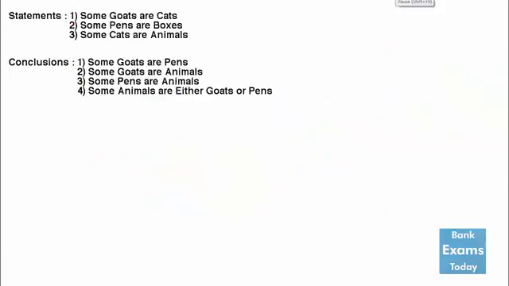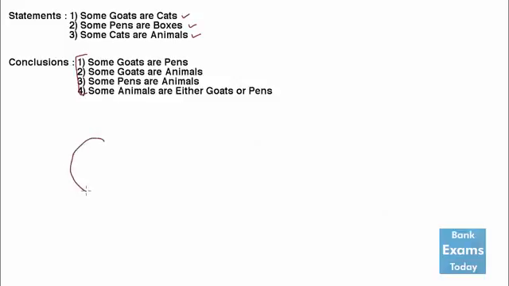Let's do another question. Some goats are cats, some pens are boxes, and some cats are animals. Then there are four conclusions. So let's draw the diagram for these three statements. First of all, some of the goats.